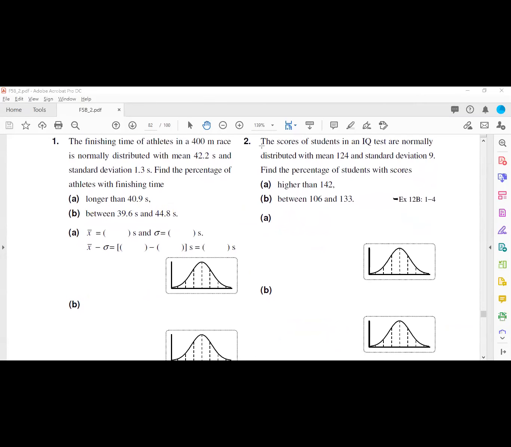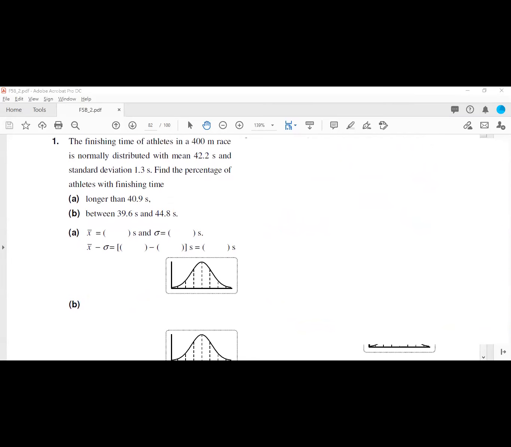Question number 1. The finishing time of athletes in a 400-meter race is normally distributed with mean 42.2 seconds. So x bar is 42.2 seconds, and the standard deviation, sigma, is 1.3 seconds.